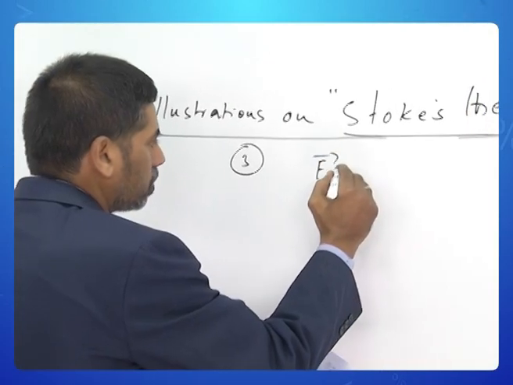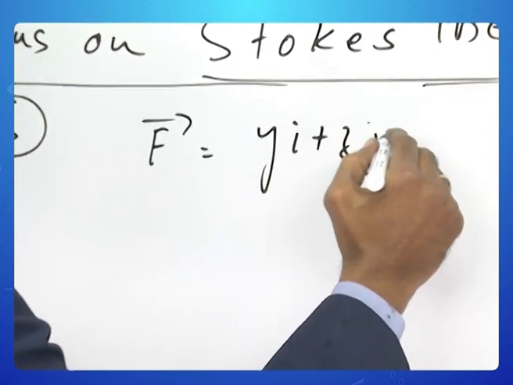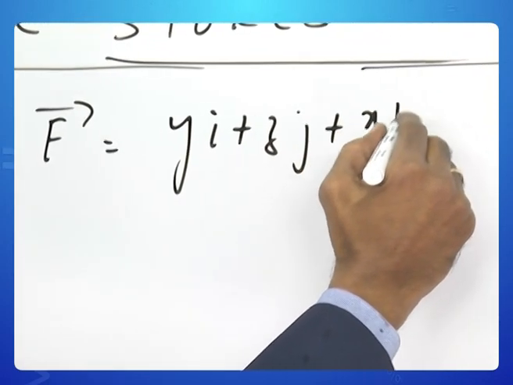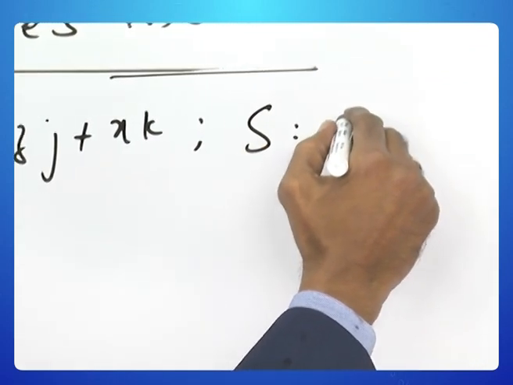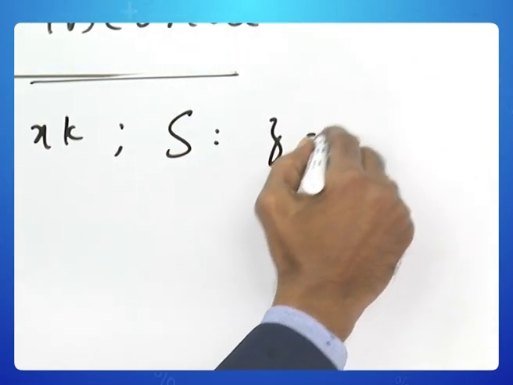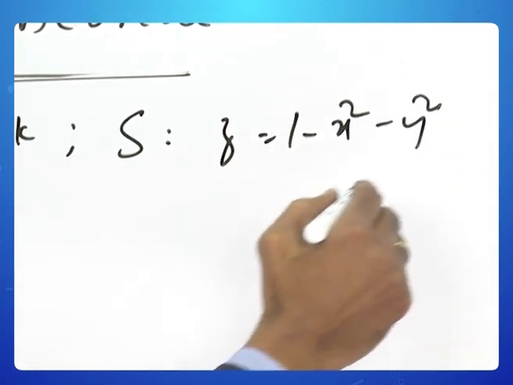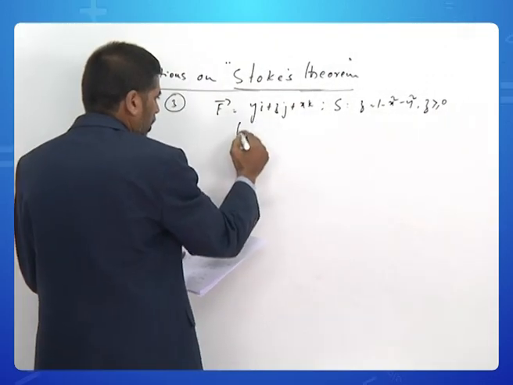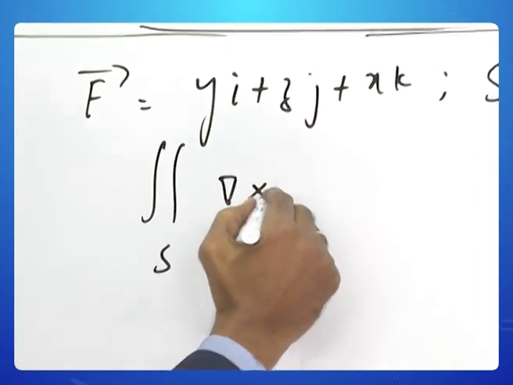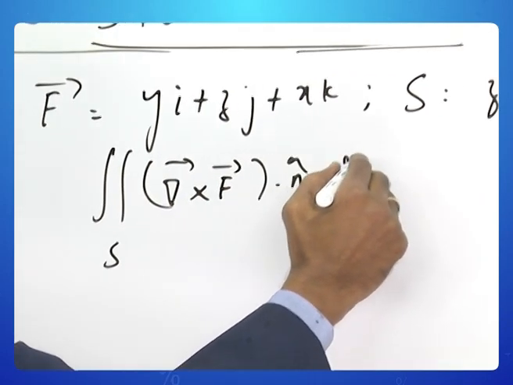So the field f is equal to yi plus zj plus xk. S is the surface of the paraboloid, z is equal to 1 minus x square minus y squared above the xy plane, and the question is, what is del cross f dot n cap ds?